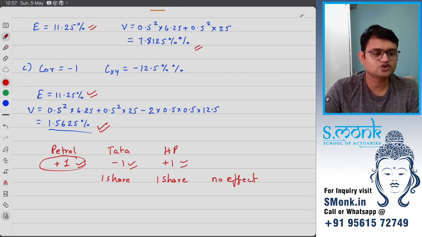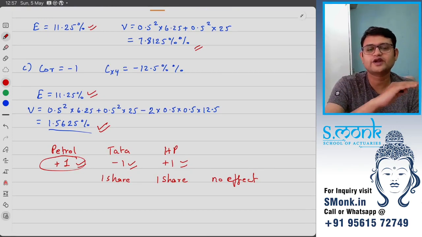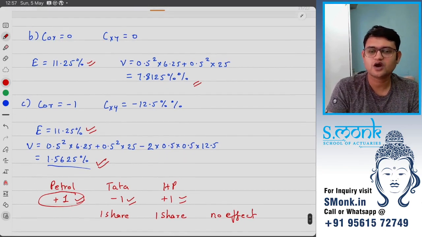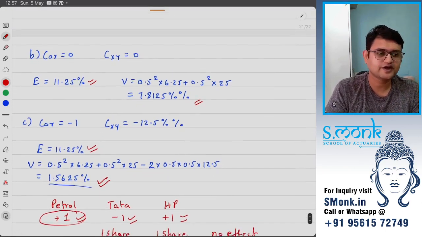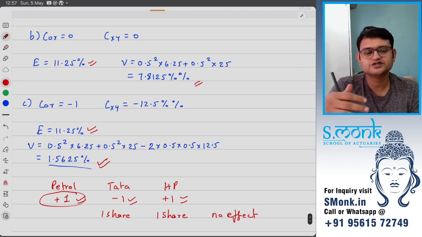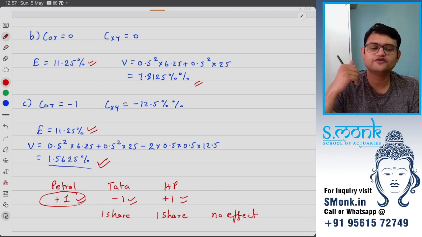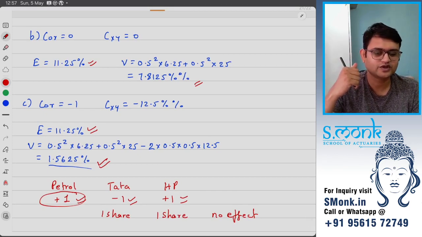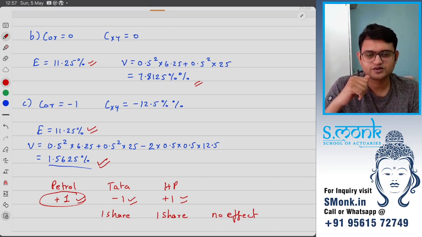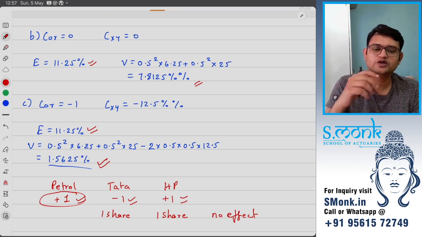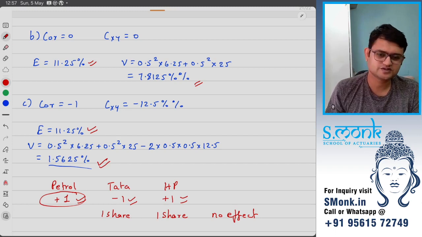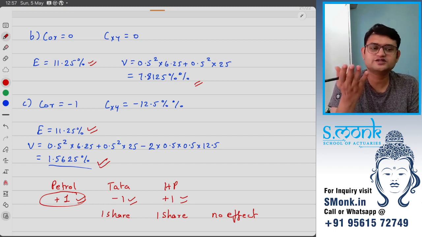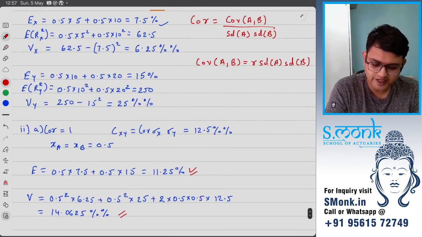Okay. So the whole course we are going to try to learn how do we hedge, how do we diversify, what are the different strategies, what are the different types of investments. It's a very interesting course. Throughout you are going to learn from the basics. This is very basic. We don't know how these risks are calculated. We have just calculated the variances.